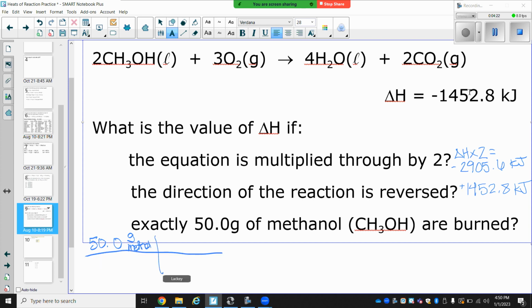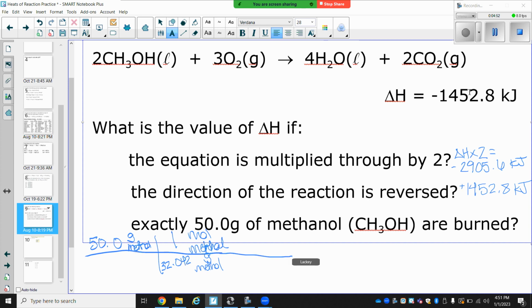We have to get rid of grams, so that's going to go to the bottom. Change into moles of methanol. And the molar mass for methanol is 32.042 grams per mole. So that gives us moles of methanol.